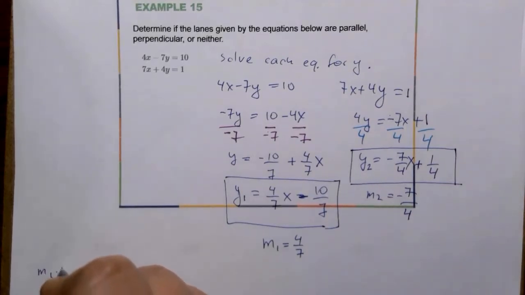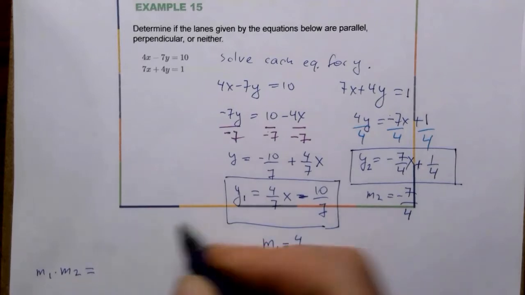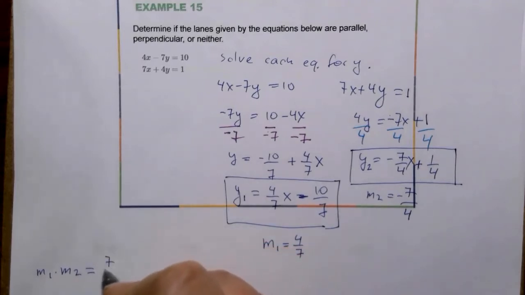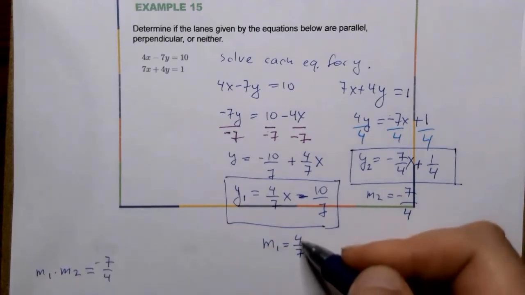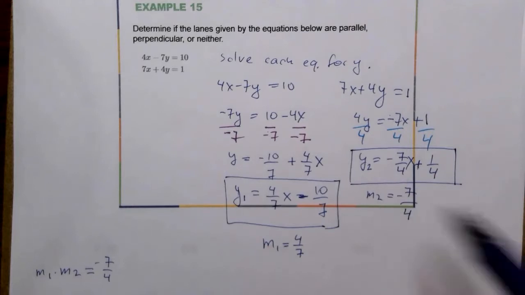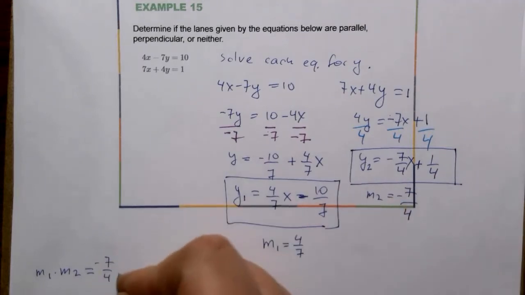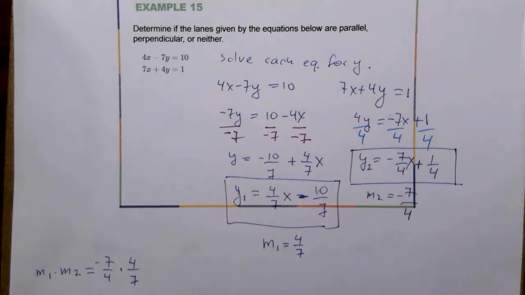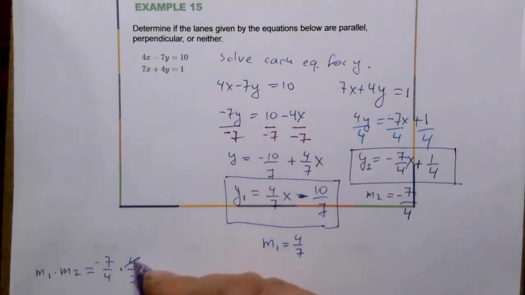So M1 times M2, we expect that product to be negative 1. M1 is actually 4 over 7, but I'm going to start with M2, negative 7 over 4, and then multiply by 4 over 7. Well, 4 and 4 cancel out.